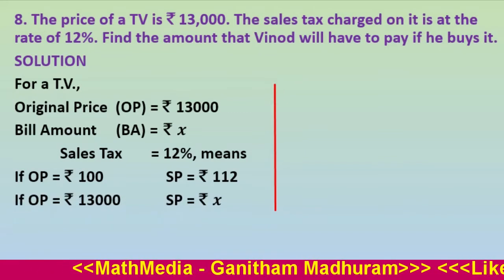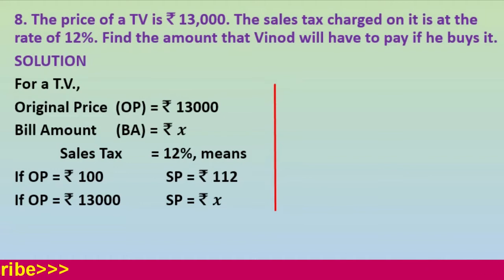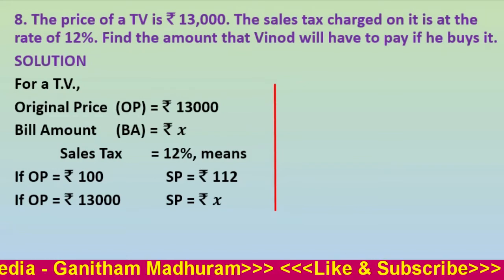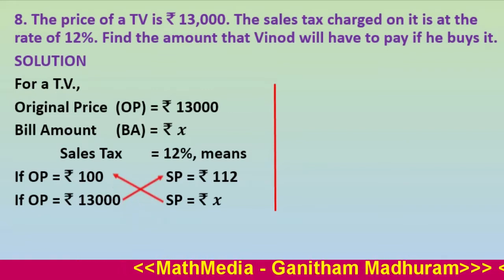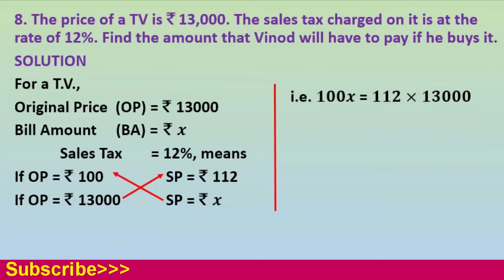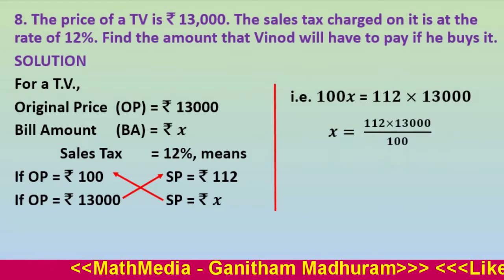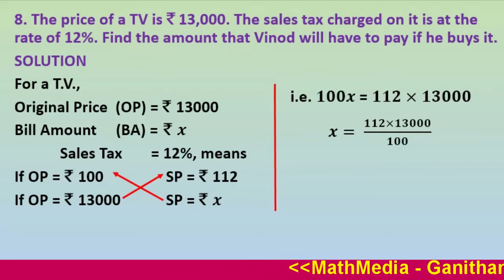Now we come back to our question. Original price is rupees 13,000. The selling price of the TV will be rupees X, or the bill amount equal to rupees X. Now as usual we can do the cross multiplication. So 100x equal to 112 multiplied by 13,000, or x equal to 112 multiplied by 13,000 divided by 100.